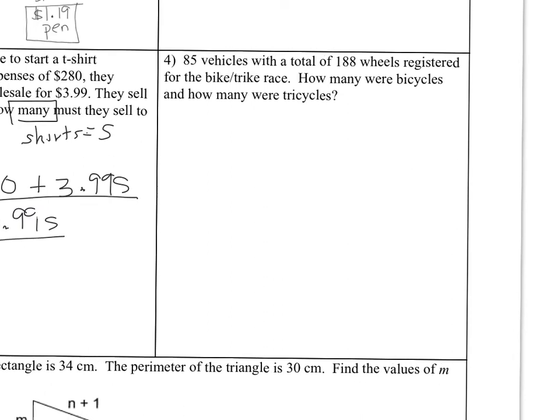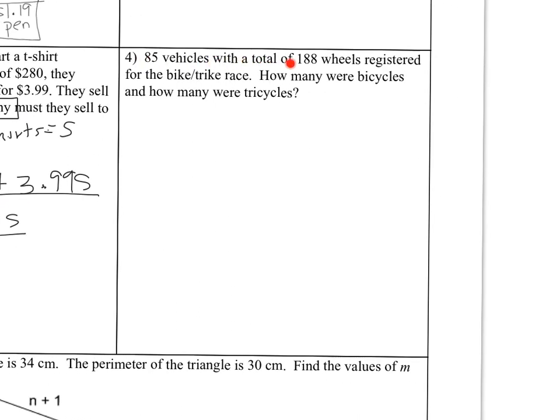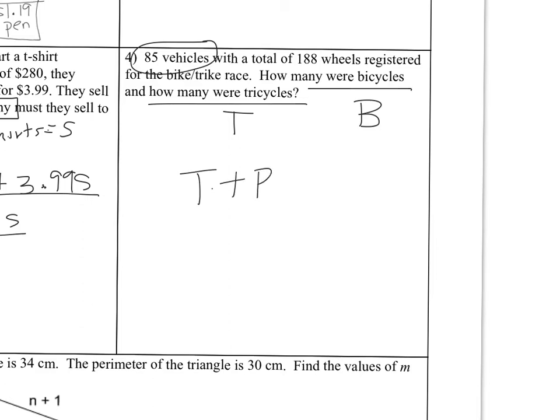Okay, number 4. 85 vehicles with a total of 188 wheels registered for the bike trike race. How many bicycles B and how many tricycles T? So those are my variables. I only see 2 numbers. However, we're talking about 85 vehicles. So tricycles plus bicycles has to equal 85.